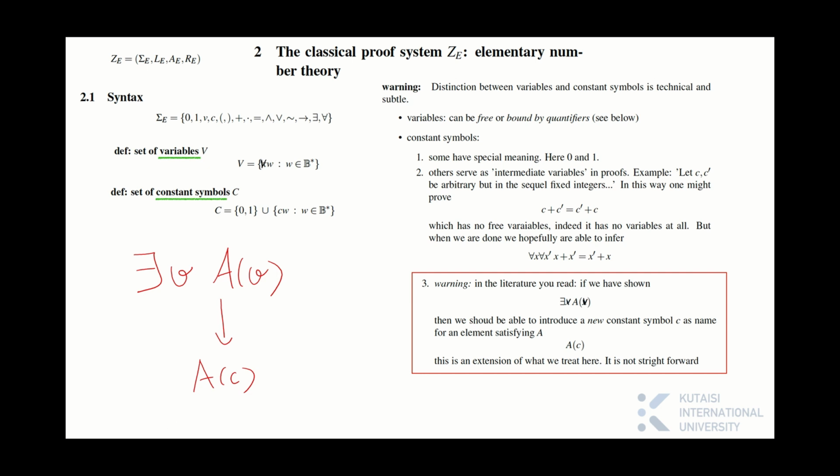Variables serve as something that runs around and changes values. However, constants, even though in the name they still look like variables, you're supposed to think of them as fixed things. But again, proving something like this for general constants implies something like this.